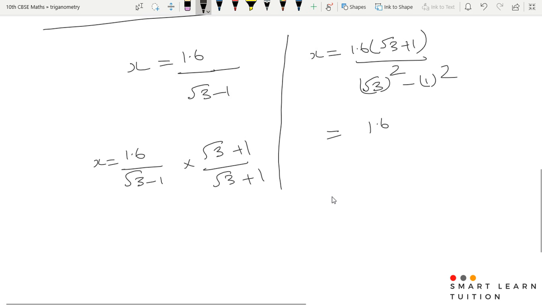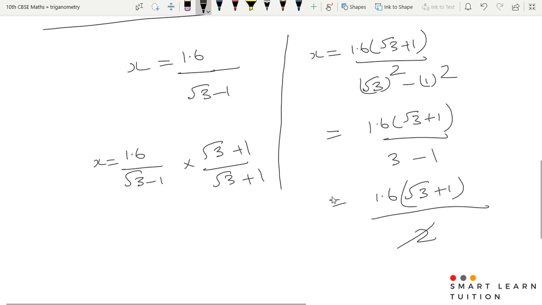The numerator stays as 1.6 into root 3 plus 1, divided by root 3 whole square minus 1 square; the square root and square get cancelled. So 3 minus 1 is 2, and x equals 1.6 root 3 plus 1 divided by 2. So 2 into 0.8.